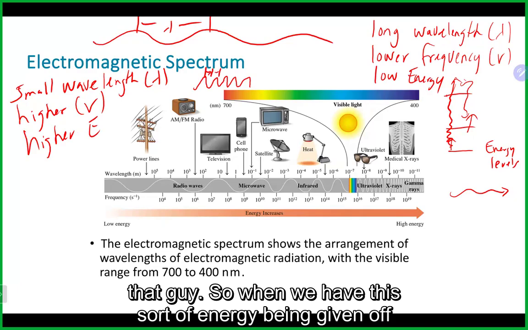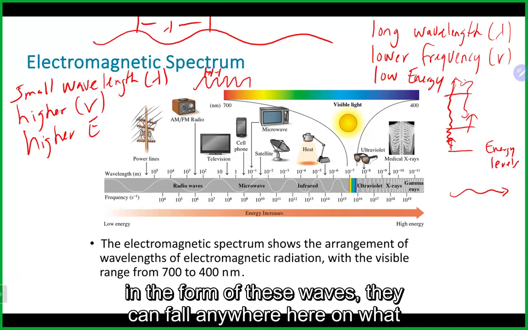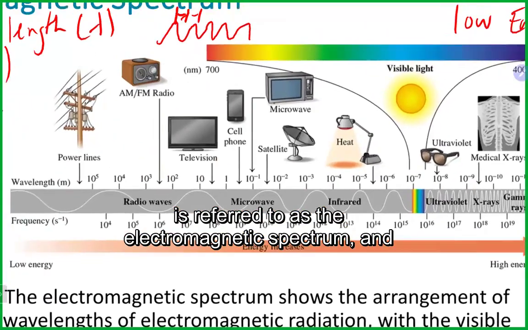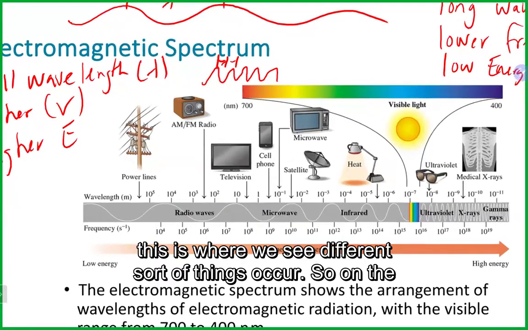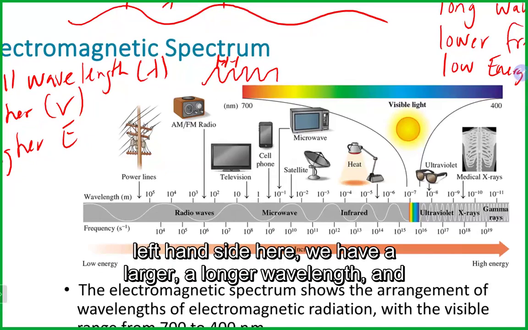So when we have this sort of energy being given off in the form of these waves, they can fall anywhere here on what is referred to as the electromagnetic spectrum. And this is where we see different sort of things occur. So on the left-hand side here, we have a longer wavelength.